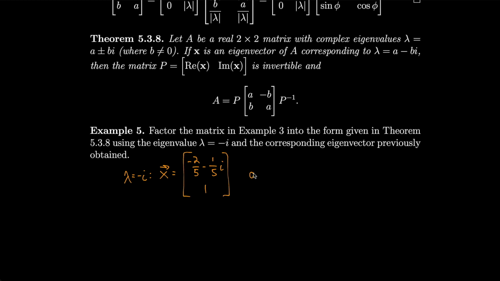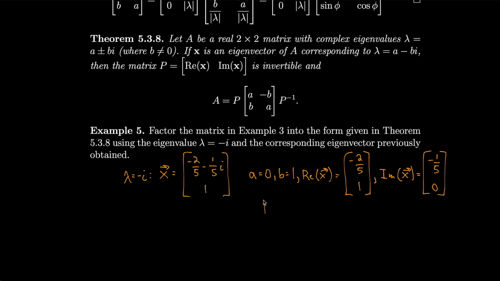And in this case we have a equals 0, b equals 1, the real part of x is equal to (minus 2/5, 1), and the imaginary part of x is equal to (minus 1/5, 0).